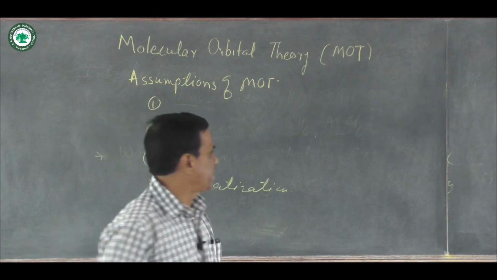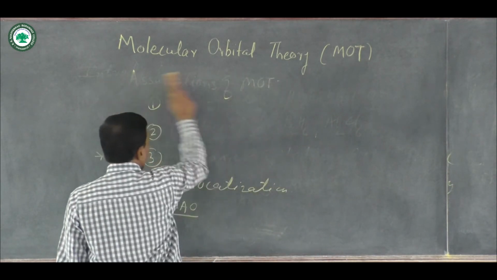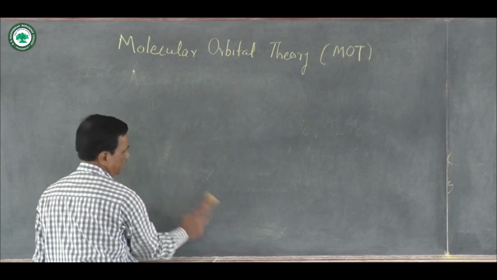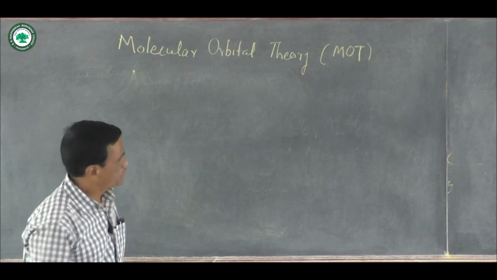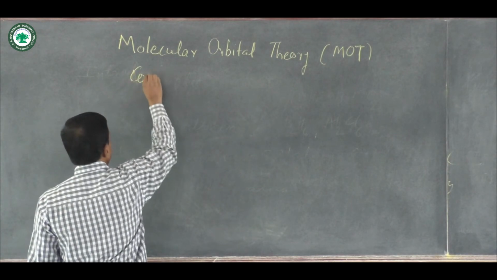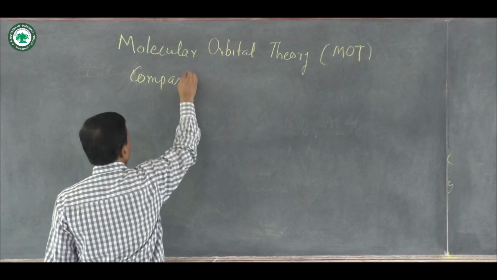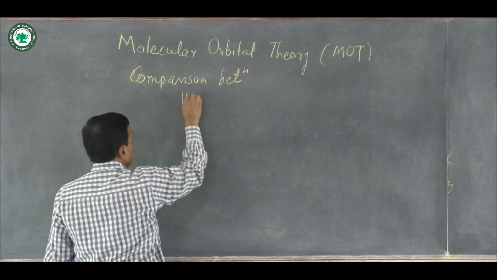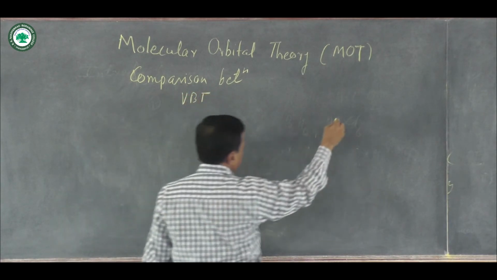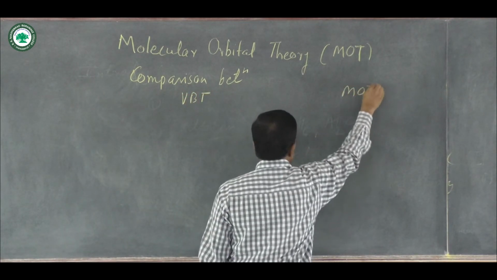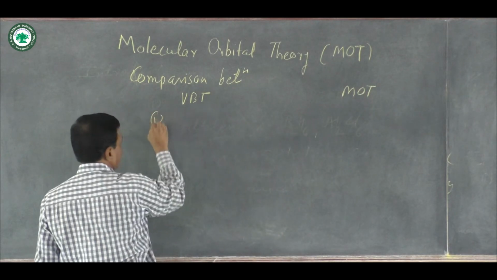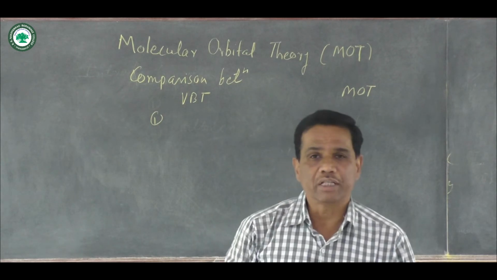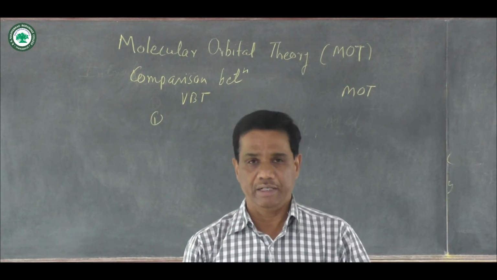Then what are the comparison points between valence bond theory and molecular orbital theory? First point: in valence bond theory, atoms combine and molecules are formed and they retain their identity.